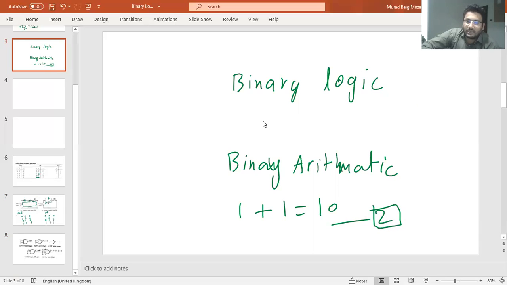But in binary logic, if A is equal to 1, and I hope you recall this symbol I have told you, this is the symbol of OR. 1 OR 1 is equal to 1. This is the little difference between binary logic and binary arithmetic. Here we are not actually adding these values. These are just signals telling us what output our gate should emit. So this was a little difference between binary logic and binary arithmetic.